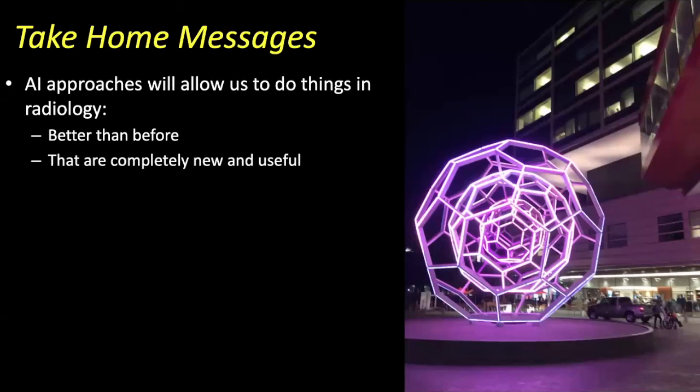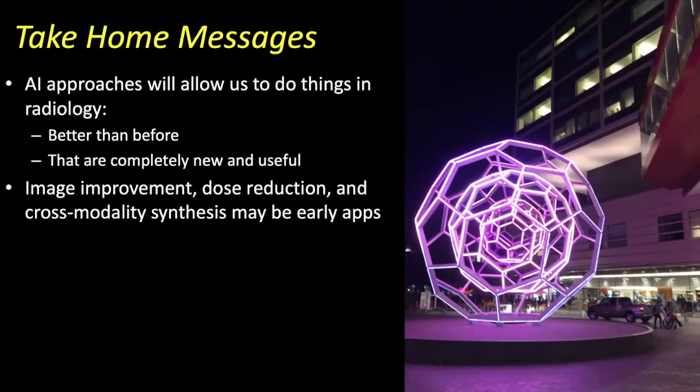So in conclusion, I want to leave you with the idea that AI is letting us do things in radiology better than before, and some things that are completely new and quite useful. I think image improvement, along with dose reduction and cross-modality synthesis, can be early applications, and we are already seeing them enter into clinical use.